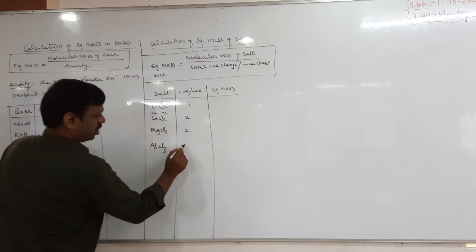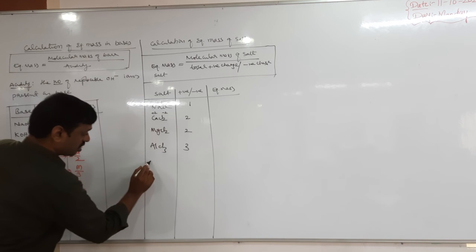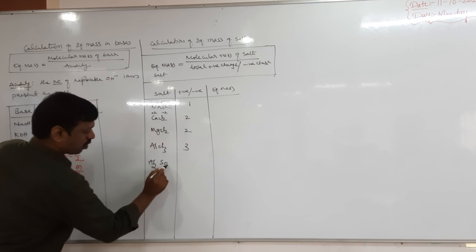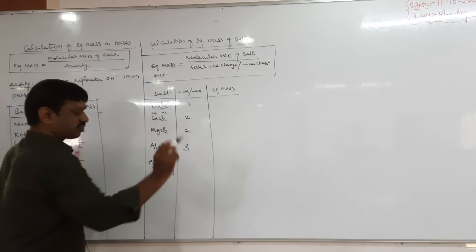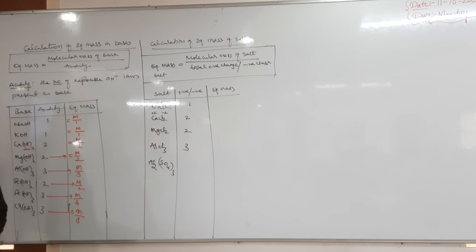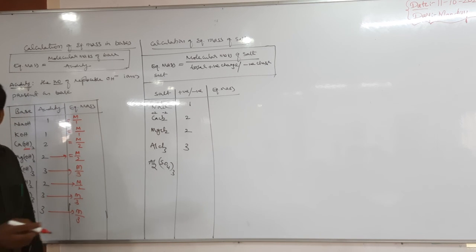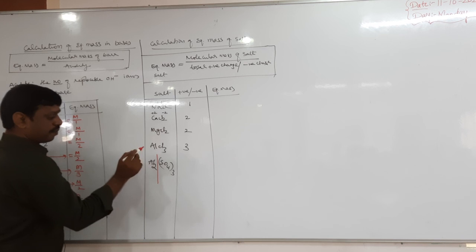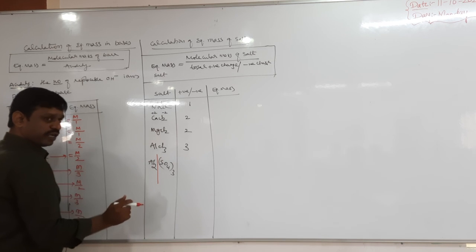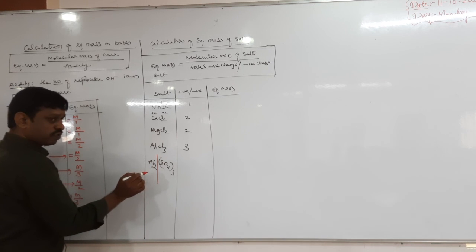AlCl3, it is 3. Now tell me this, Al2(SO4)3: how many positive or negative charges? It is 6, because you divide aluminum and sulfate separately. How many aluminum? 2.